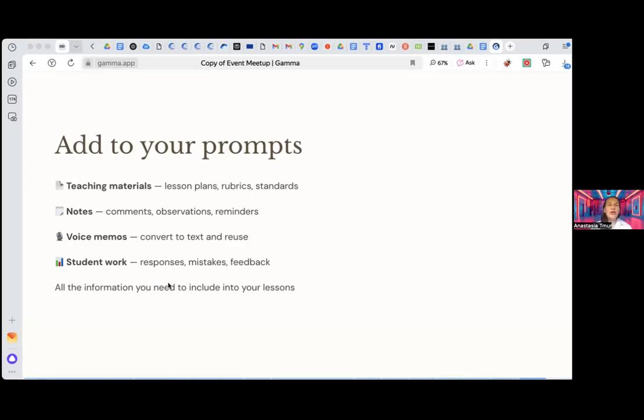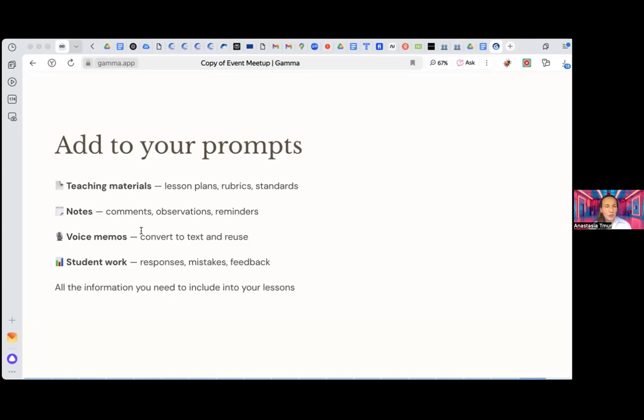So what could you add to your prompt? You can use all the information you have: lesson plans, curriculum standards, photos, notes, reminders, reflections, voice comments by your students, or your students' answers and work papers.